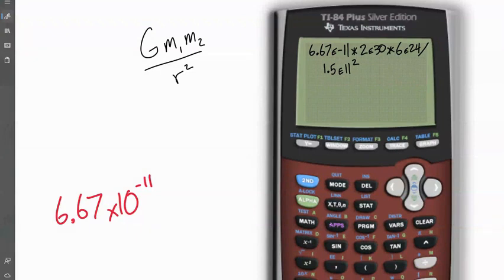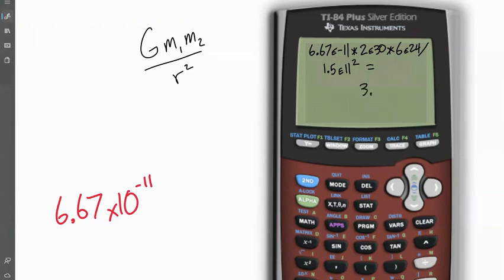And then you hit enter, and it will pop out a number. I'll get my actual functioning calculator here. Times 2E30 times 6E24 divided by the radius squared. And I get my result.